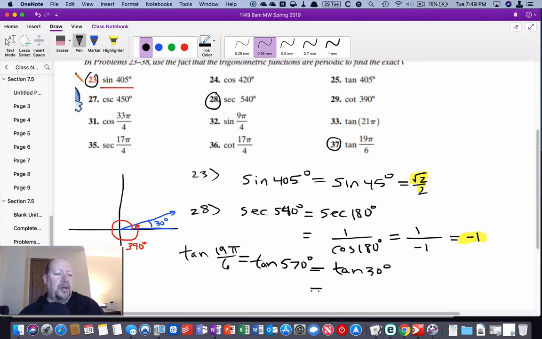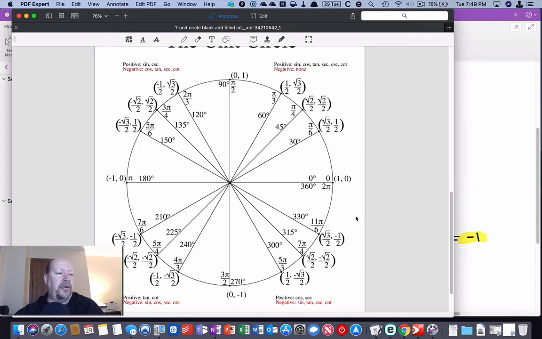I might not know the tangent of 30 degrees off the top of my head, but I do know the quotient identity says that the tangent of any angle is the sine of that angle divided by the cosine. So this is the sine of 30 over the cosine of 30. From my unit circle, or from the triangles we've looked at before, for 30 degrees the sine is 1/2.